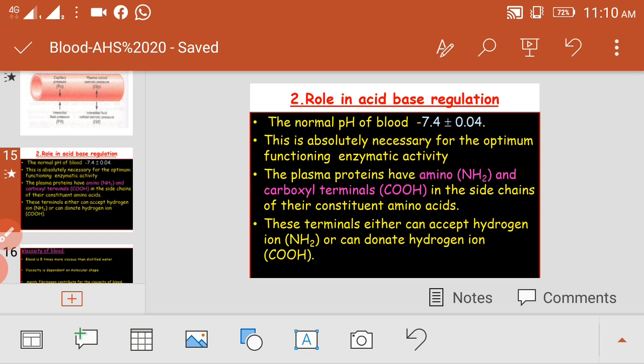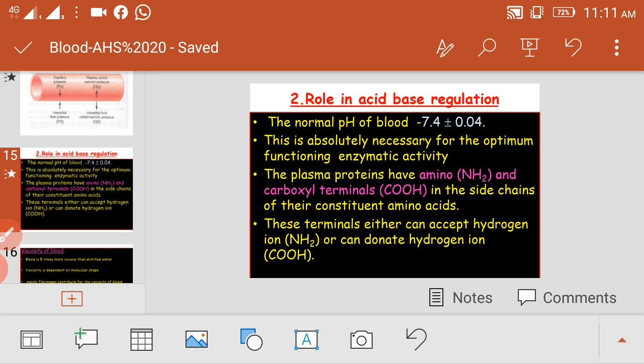Next, coming to the role in acid base regulation. The normal pH the blood contains is 7.4 plus or minus 0.04. That means 7.4 is not acidic, not basic, so it is a neutral pH. Because of this neutral pH, it is very important for enzymatic activity.